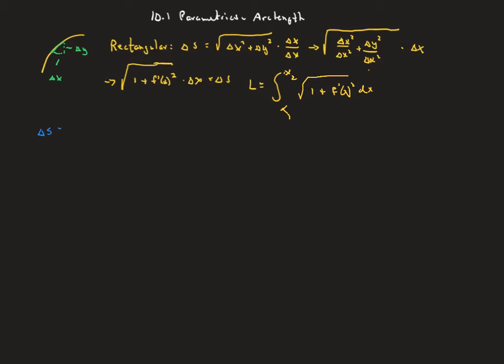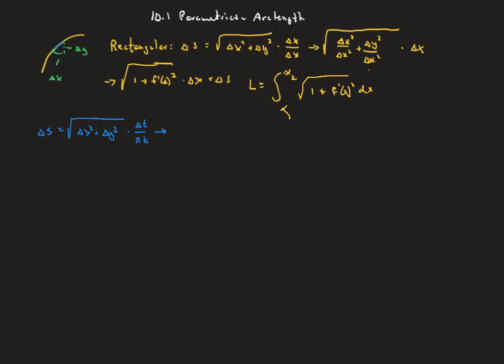Now, to do this in parametric form, we start with the same idea, that our little straight line segment there is going to be approximately the square root of delta x squared plus delta y squared. This time, instead of multiplying top and bottom by delta x over delta x, we're going to multiply by delta t over delta t.